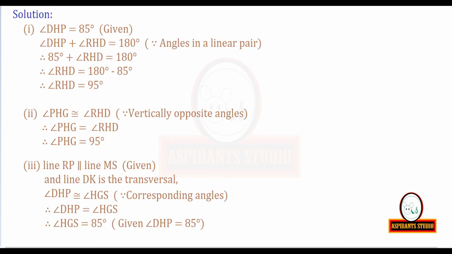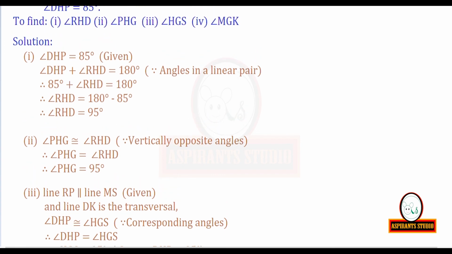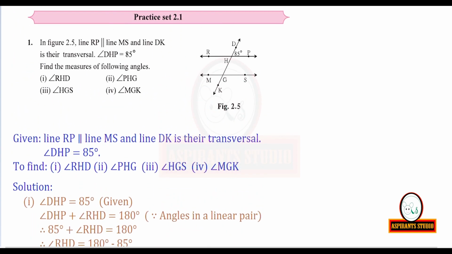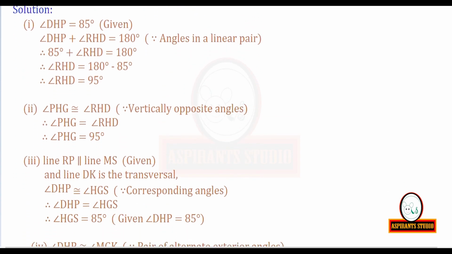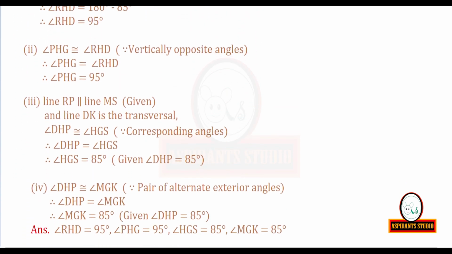So the measures are equal. Now you know that angle DHP is given as 85 degrees. So put the value there and find out measure of angle HGS. So measure of angle HGS will be 85 degrees.